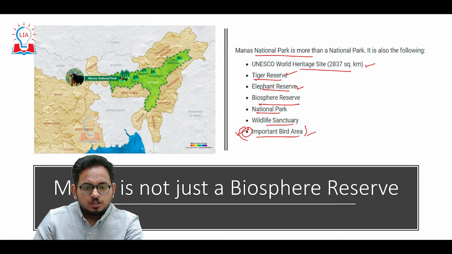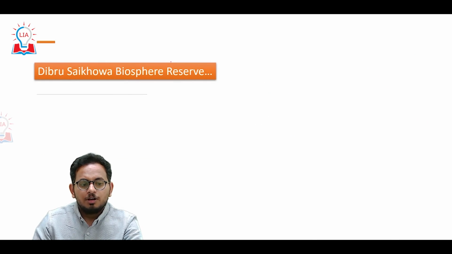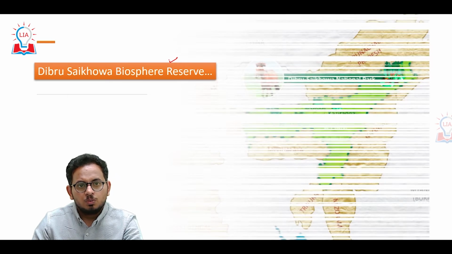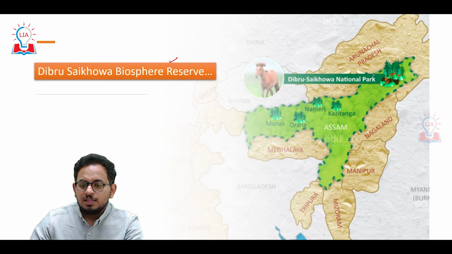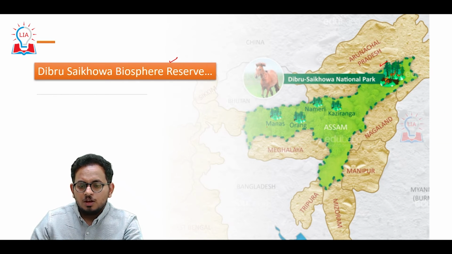Okay, this is the location of Manas National Park. This is the state of Assam, and here you have Manas National Park. Remember this Dibru-Saikhowa National Park, because that is something that we'll be studying now. You have seen the location in the state of Assam. Here you can see Manas, here you can see Dibru-Saikhowa.